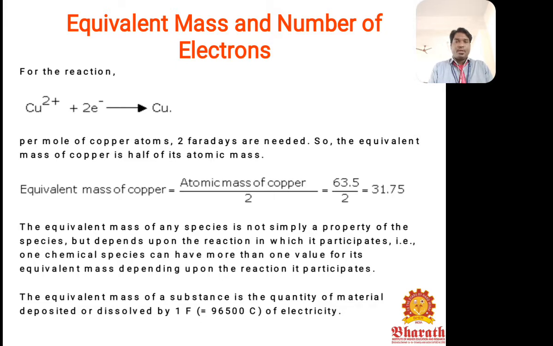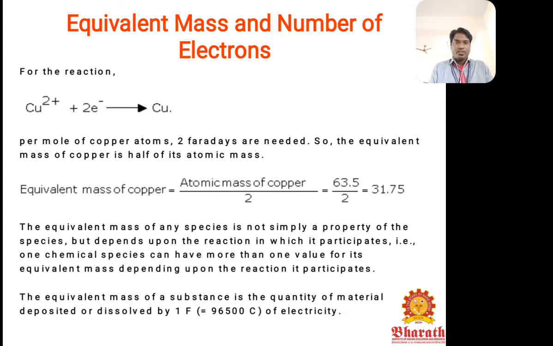Equivalent mass of copper is equal to atomic mass of copper divided by 2, which is 63.5 divided by 2, equal to 31.75. That is the equivalent mass of copper.